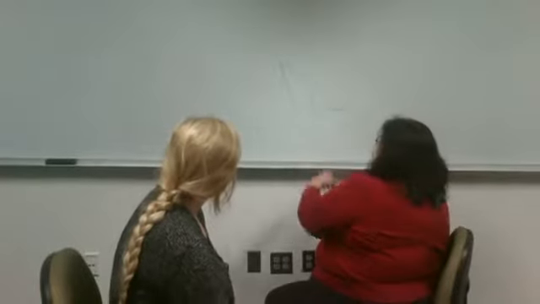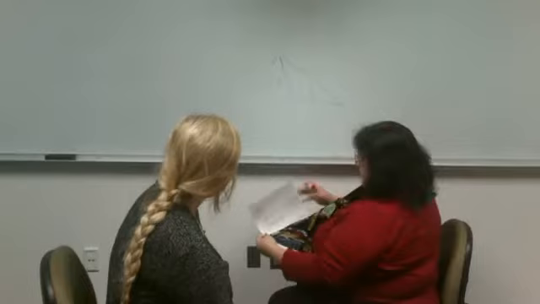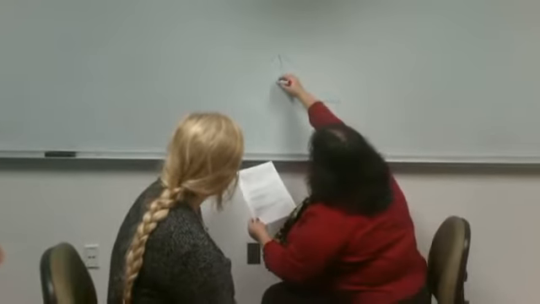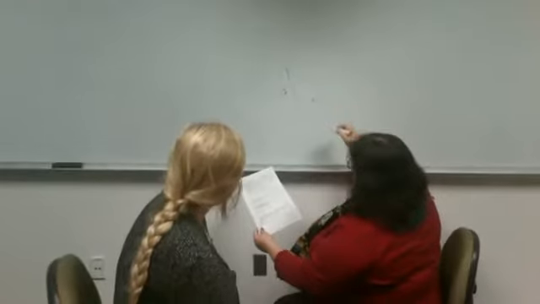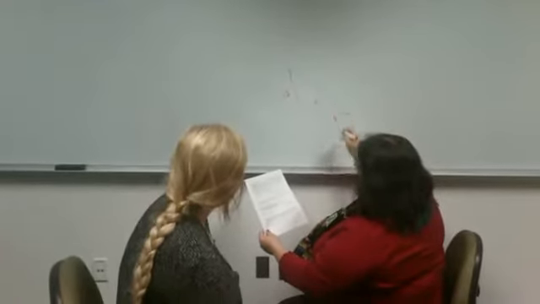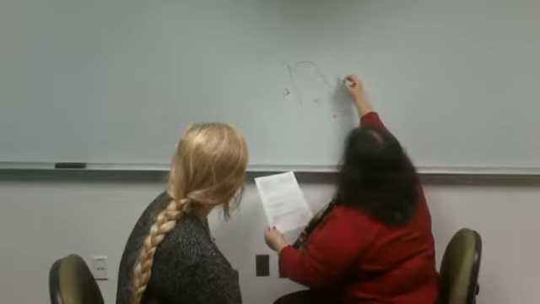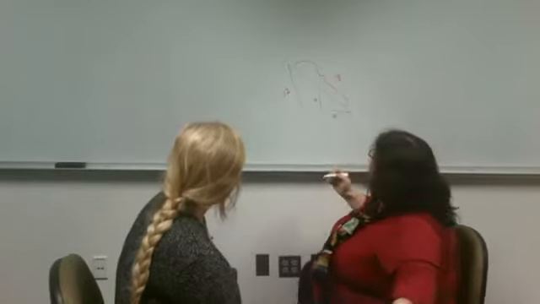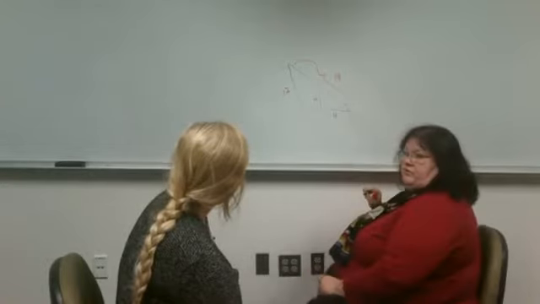So there's our triangles. Let's label what else they gave us. So there's a side of 12 over here. This is 4. This is 4. This whole thing is 18. Okay? So what I would suggest, because it looks like a little tiny triangle instead of a big triangle, right?